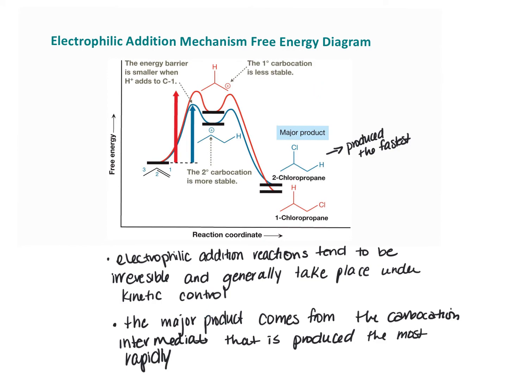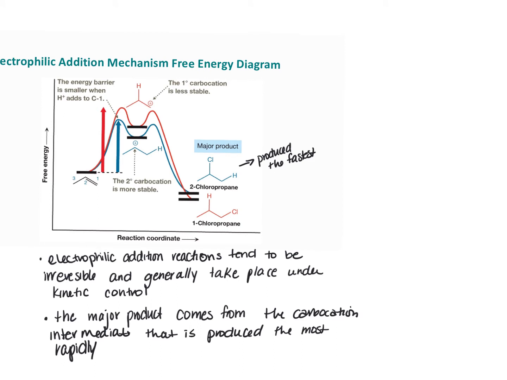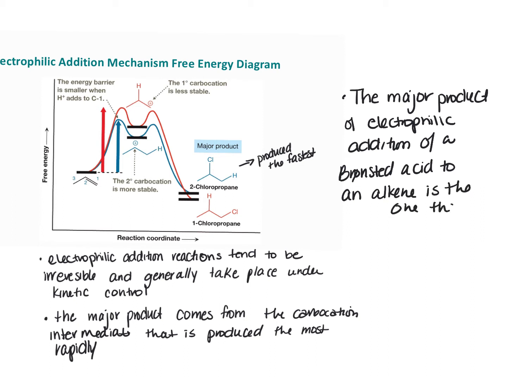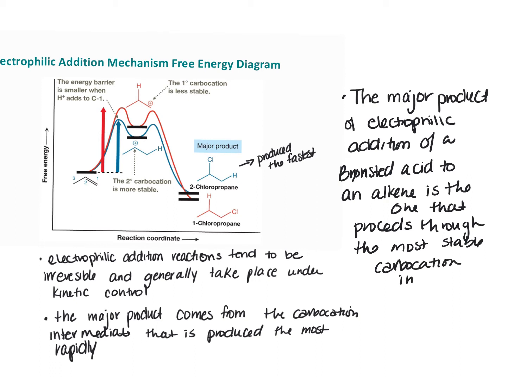Now, we can generalize this idea as follows: the major product of electrophilic addition of a Bronsted acid to an alkene is the one that proceeds through the most stable carbocation intermediate.